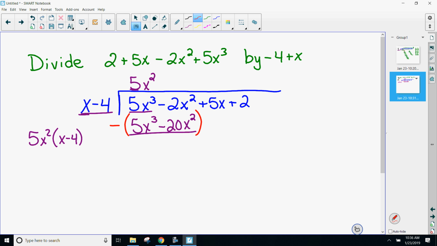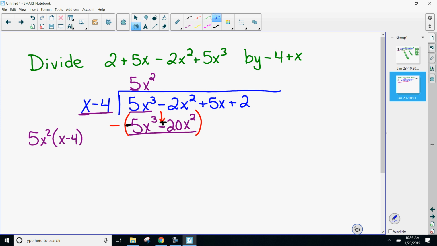If you subtract that whole quantity, what happens right here? It turns into a plus. So basically this next step is the same thing as changing your signs. I want to subtract that quantity, which means this becomes a negative right here, and this turns into a positive.